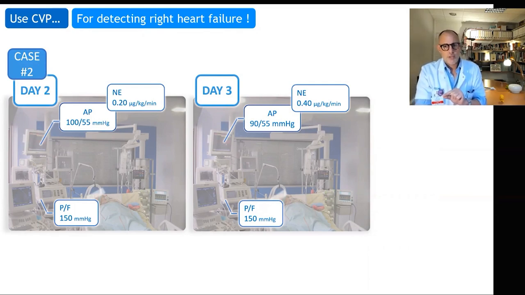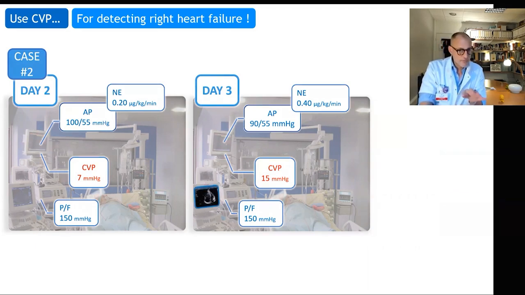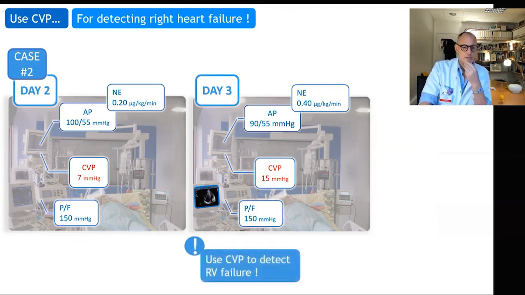And on Monday, blood pressure is low, the PF is the same, but you measure the CVP and you see that it has increased from 7 to 15, for instance. Doesn't it indicate that something is wrong with the right ventricle and that you should perform an echo to be sure that there is right ventricular failure? A very good way to suspect right ventricular failure under mechanical ventilation.